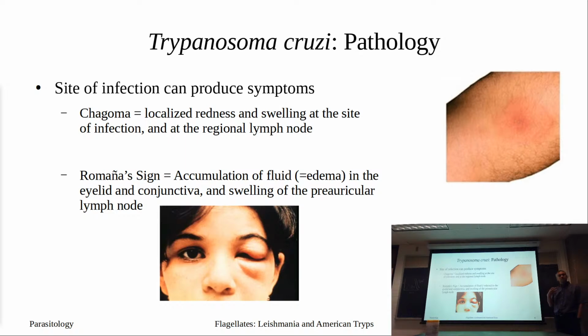If it happens on the face, where it oftentimes does, you'll get that same swelling, but now normally around the eyes, because reduviids are drawn to some of the CO2. So when you're sleeping, they can nail you in the face, and then you get something called Romaña sign, which is an accumulation of fluid, so edema, in the eyelid and conjunctiva, with swelling of the preauricular lymph nodes.